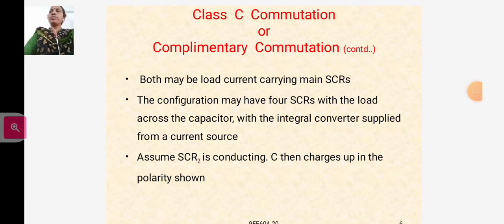In case 2, the gate pulse is applied to thyristor T2, turning it on. The capacitor voltage now appears as reverse bias across T1 and turns it off.